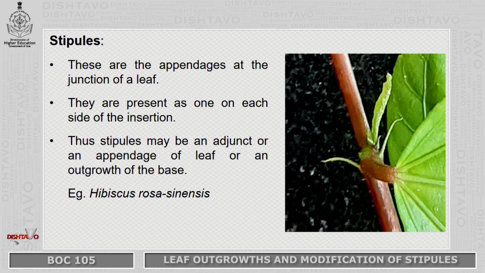Coming to each part, the stipules: these are the appendages at the junction of the leaf. They are present as one on each side of the insertion. Thus, stipules may be adjunct or an appendage of the leaf or an outgrowth of the base. Example, Hibiscus rosa sinensis.